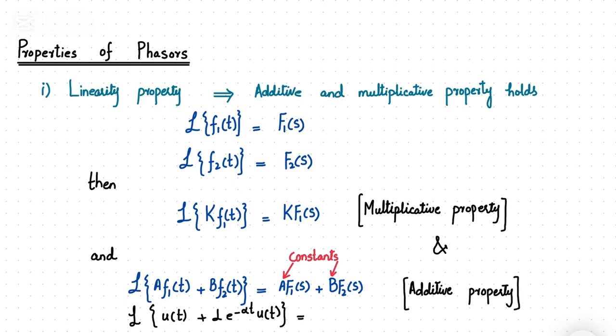Laplace transform of u of t was equal to 1 over s. So 1 over s plus the Laplace transform of e raised to power minus alpha t into u of t, which we have already calculated, this was equal to 1 over s plus a. This is the use of linearity property.